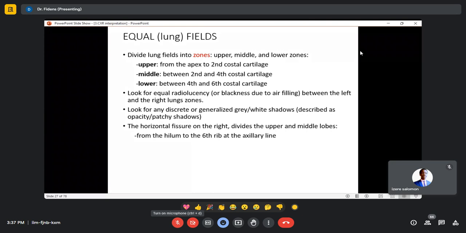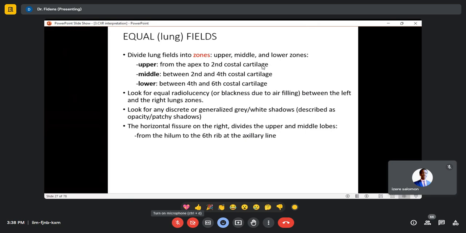So what we do, people, not me, have now divided the lungs into 3 zones: upper zone, middle zone, and lower zone. The upper zone is from the apex to the inferior margin of the second anterior rib.